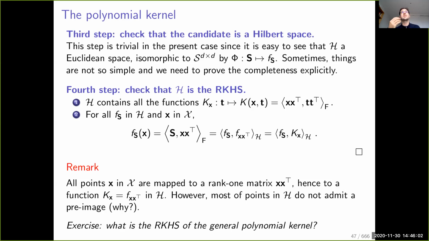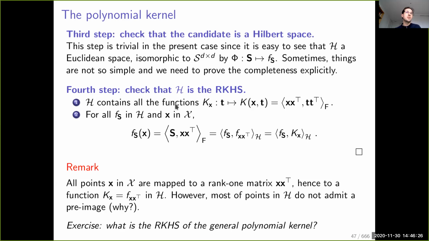So in that case, it's very easy. It's a space H which is isomorphic to a Euclidean space, which is the set of symmetric matrices. Sometimes things are much more complicated, but in that case, the fact that this candidate set is a Hilbert space is simple.